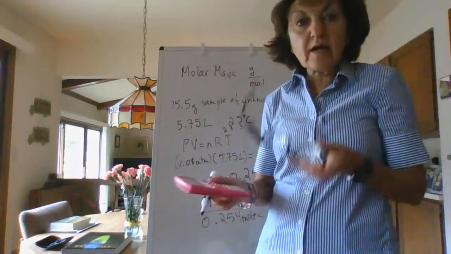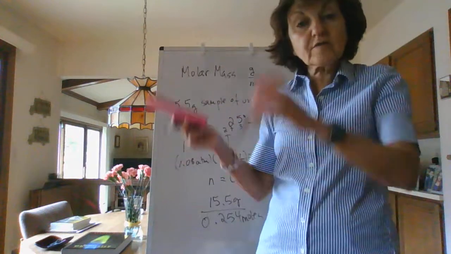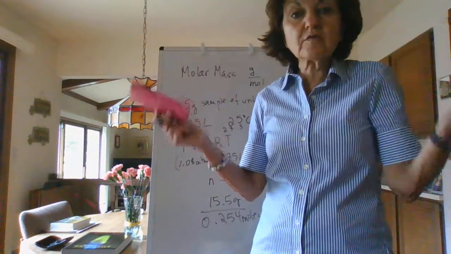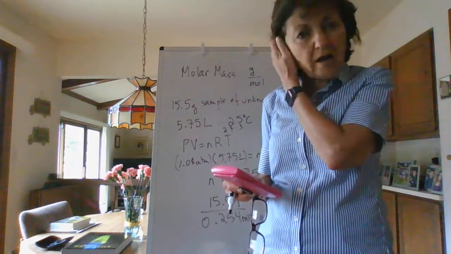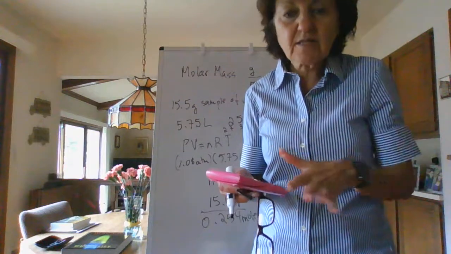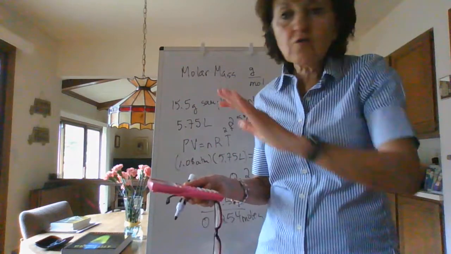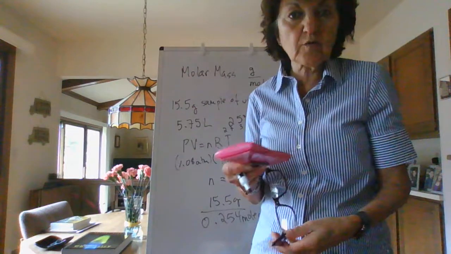Anytime you're given grams of an unknown substance and you manage to find moles, grams divided by moles is molar mass. You're going to be using this concept a lot throughout the semester in different chapters. So it's always the same thing. They give you grams, you have to do a problem to find moles. Grams divided by moles, that's your molar mass.